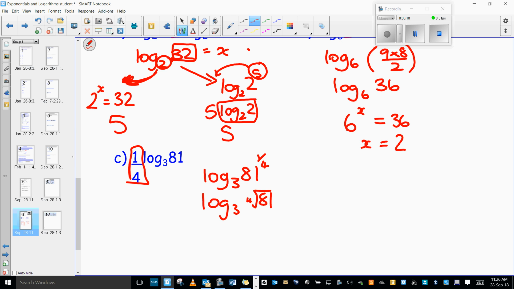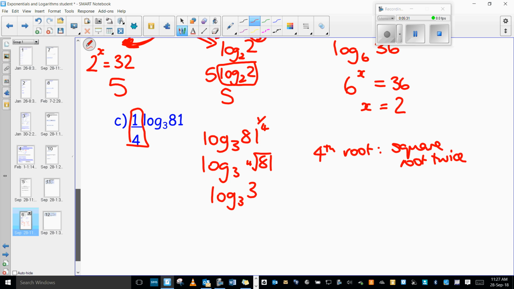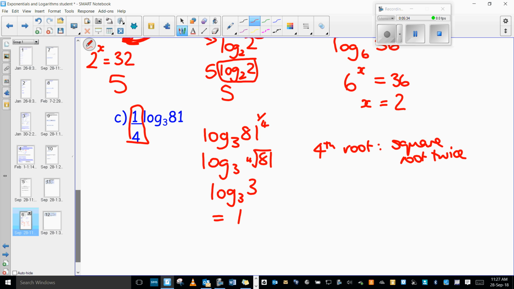So the fourth root of 81: square root 81, you get 9, square root 9, you get 3. So this now becomes log base 3 of 3, which we all know is 1.